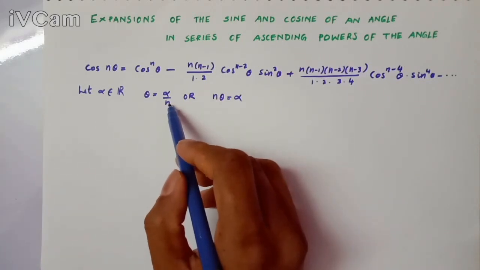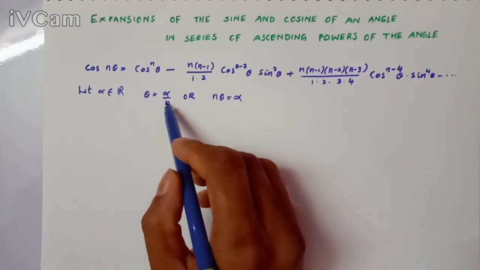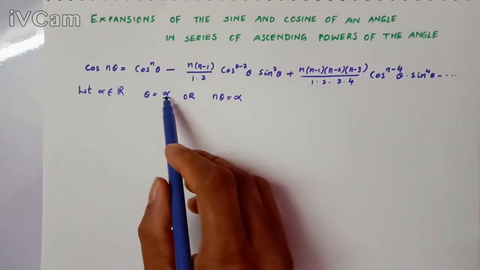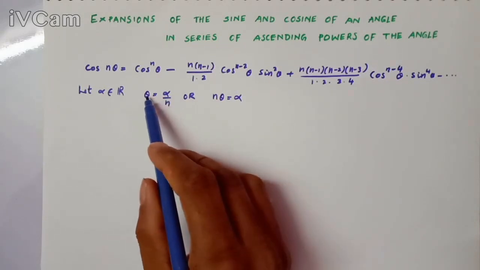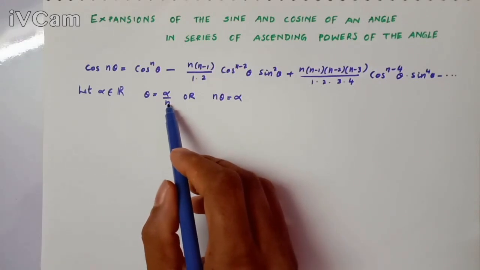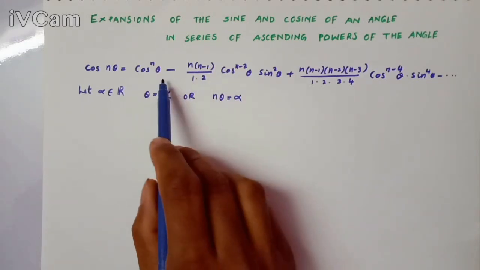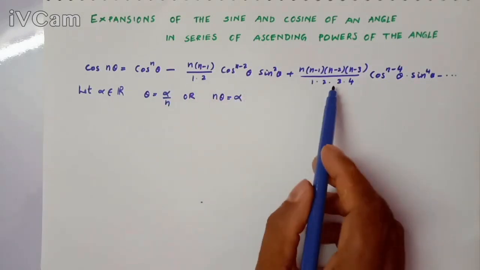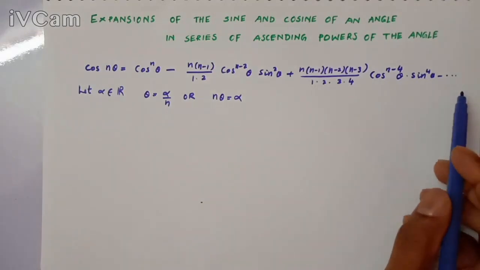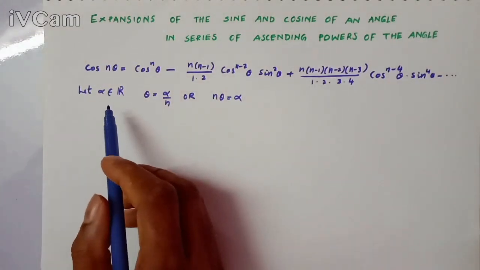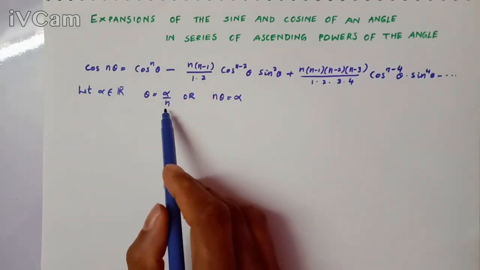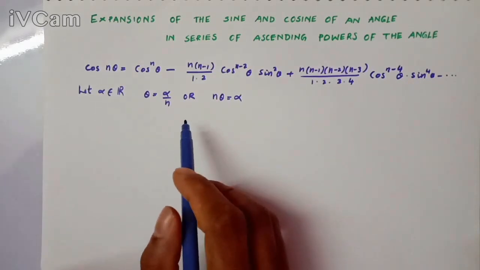So we can let n tend to infinity as well. Then as n tends to infinity, the number of terms on the right hand side tends to infinity rather than n plus 1 terms. Clear? So we need to get an expression of cosine in terms of theta. We need to let n tend to infinity.